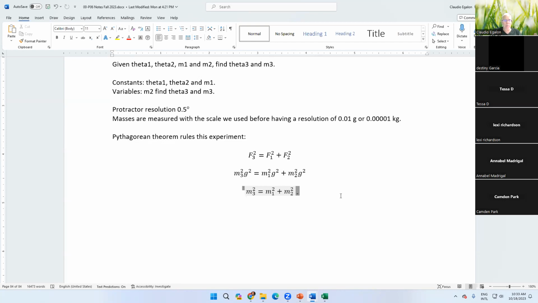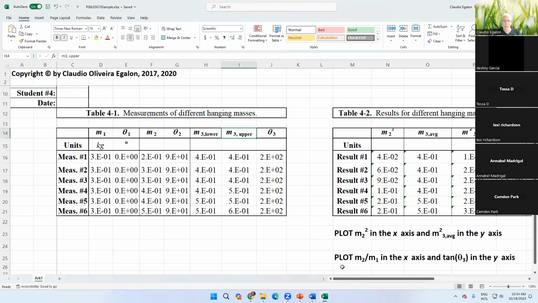And what should we do? We should plot M2 squared on the x-axis and M3 average squared on the y-axis. Again, in this experiment we get a range of values of M3: the lowest possible value at which the system equilibrates and the highest possible value at which it still equilibrates.